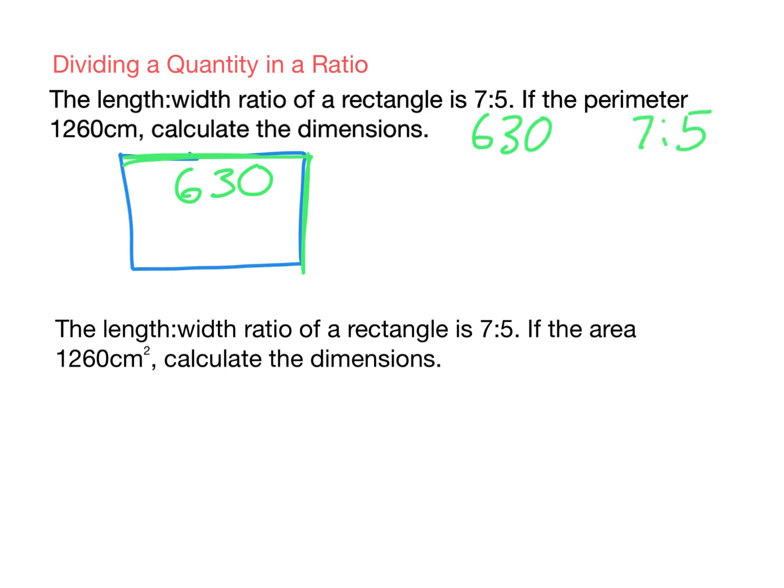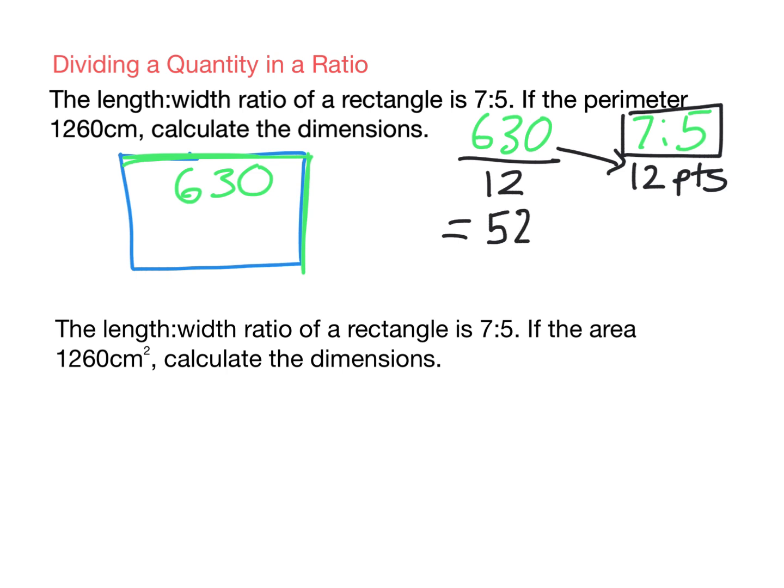So how do you divide a quantity in a given ratio? Well, what you do is find the value of each part. Remember I said ratios divide things into equal parts or groups. So this has 7 plus 5, 12 parts. So if 630 is 12 parts, each part will be 630 divided by 12. So 630 divided by 12 is 52.5.